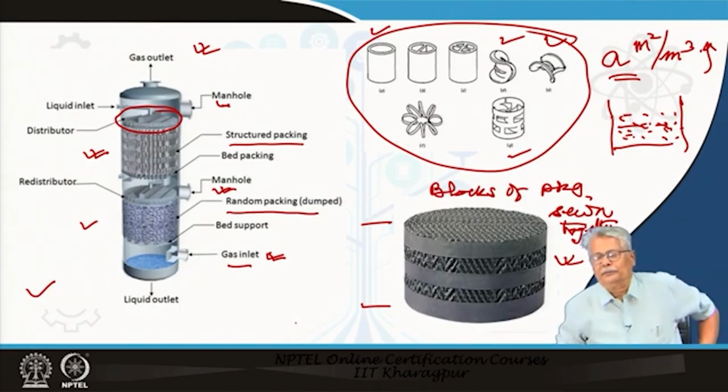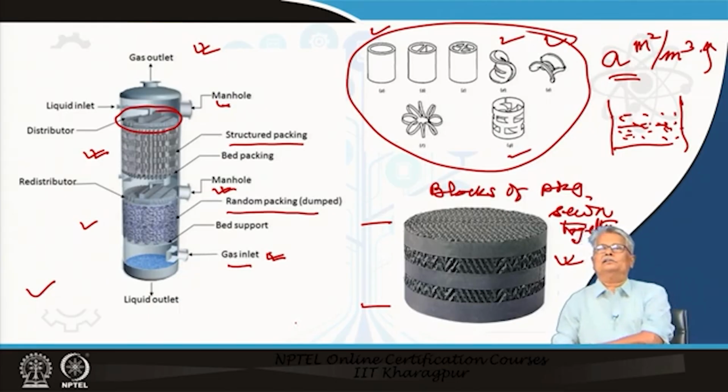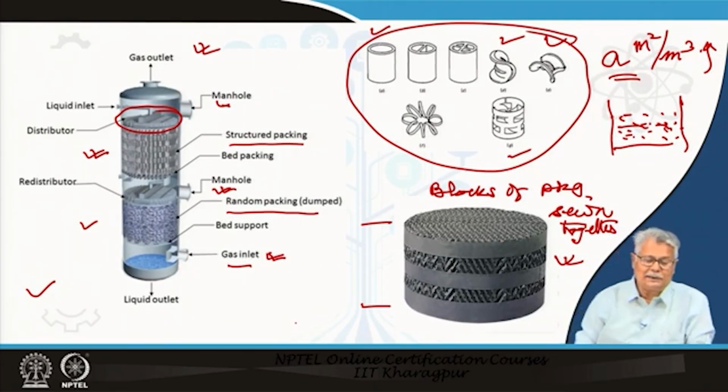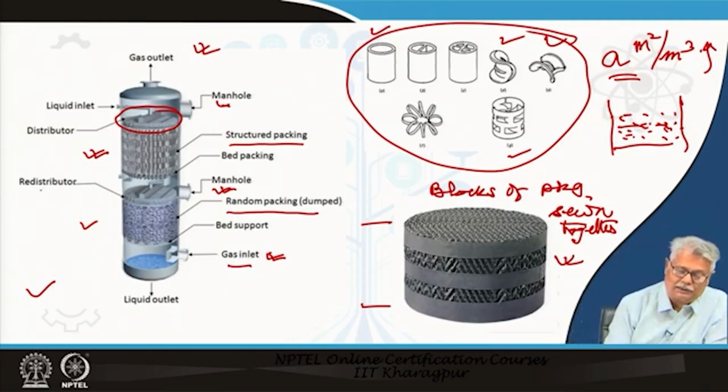Quite often one may require, in case of packed towers, some amount of redistribution as well. This particular tower has a redistributor. That means it collects all the liquid which is falling from the upper section. Then it redistributes. In fact, the construction of this redistributor and the distributor is not much different.